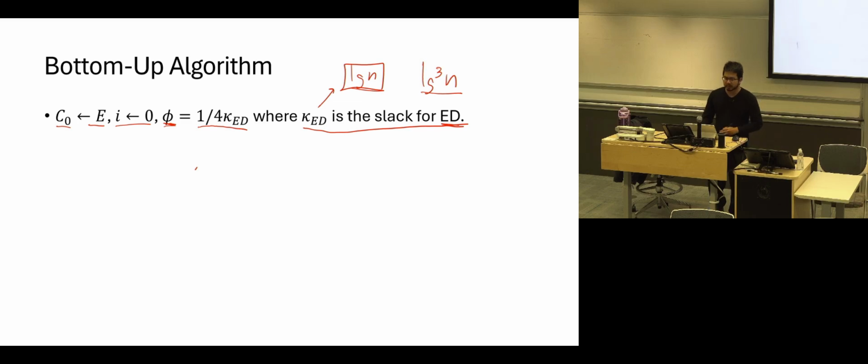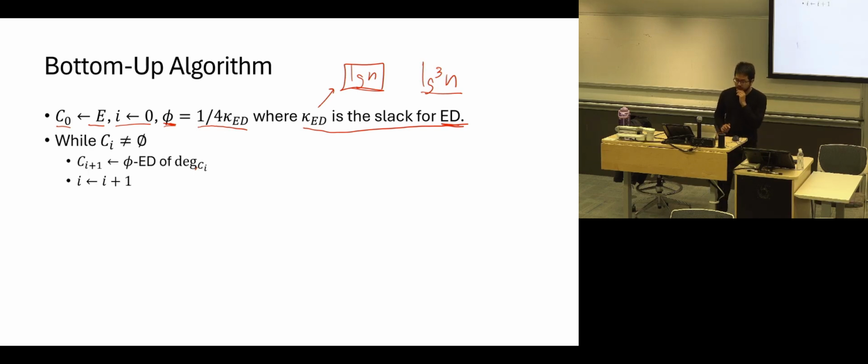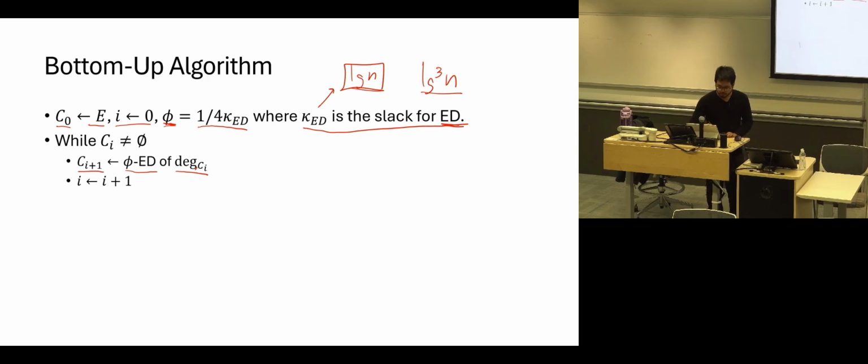Okay, so the algorithm is here. Start with C_0 to be all the H set. Then we compute a phi-expander decomposition of C_i. Let this be C_{i+1}. Then increase i.